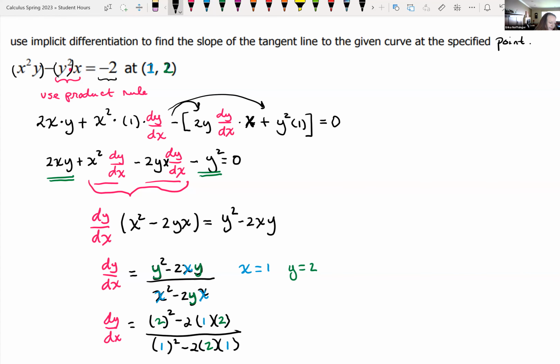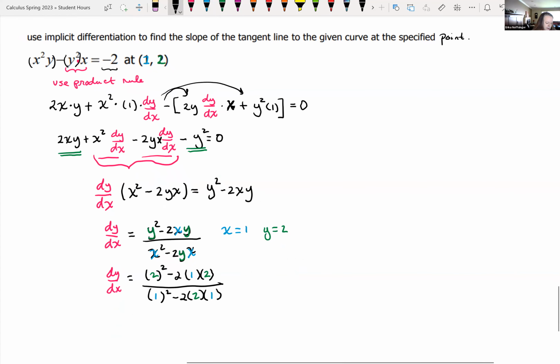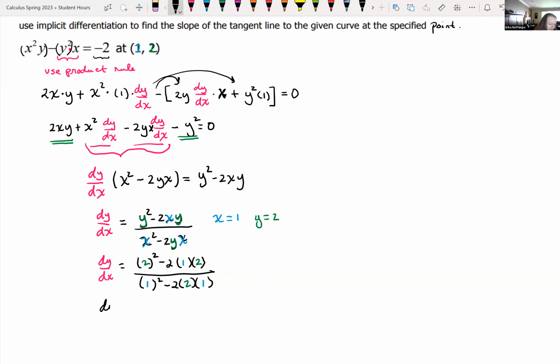So if we simplify, we get dy/dx is equal to 4 minus 2 times 2, which is 4, all over 1 squared, which is 1, minus 2 times 2, which is 4.